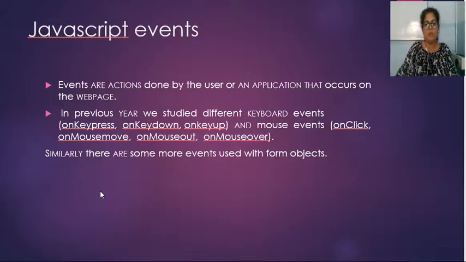On mouse over means when you place your mouse over that content, the event occurs. So there are many events provided by keyboard and mouse, and we can simply use them. Similarly, there are some more events that we will study.